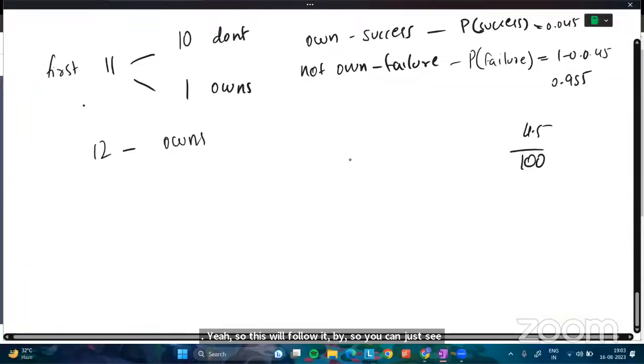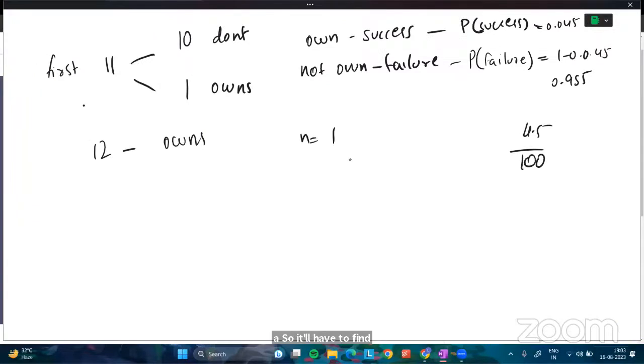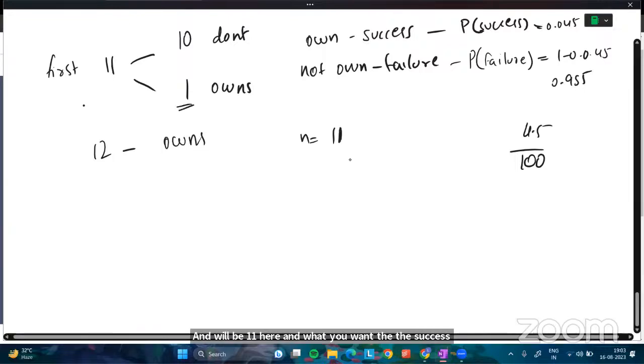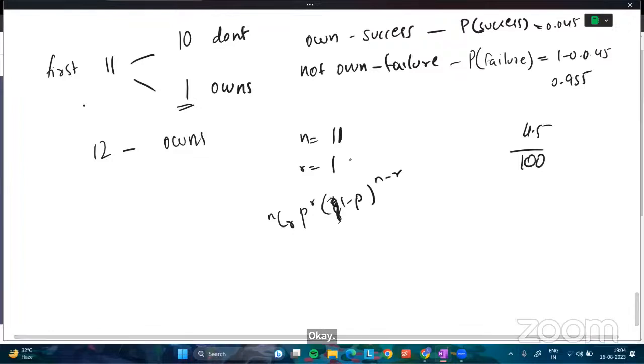So you'll have to find, n will be 11 here, and what you want, the number of successes, will be 1. So r will be 1. Yeah, you'll have to just use this. Substitute n, r, p, and 1 minus p. Ma'am, I have already done this, but the answer is not tallying.